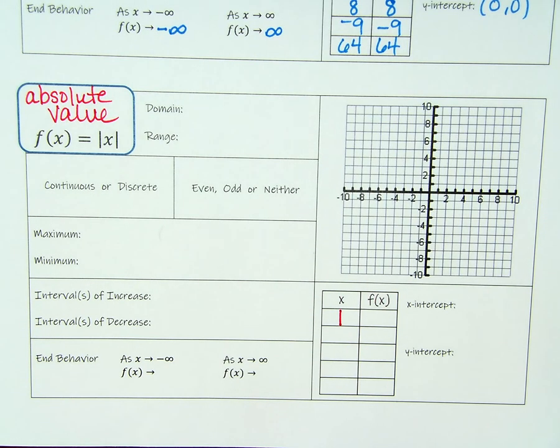Some people earlier said it's always positive. So that's a good way to think about it, but that's not exactly what it means. So that's a good guess, but not quite.